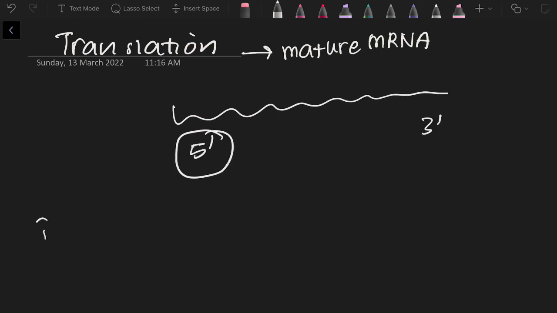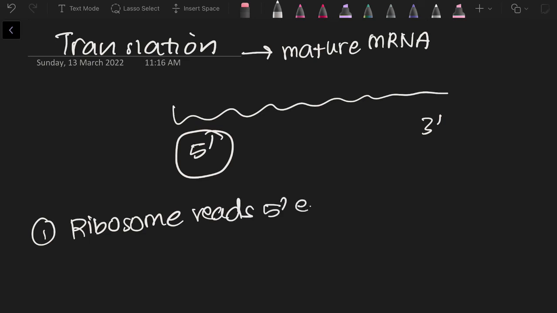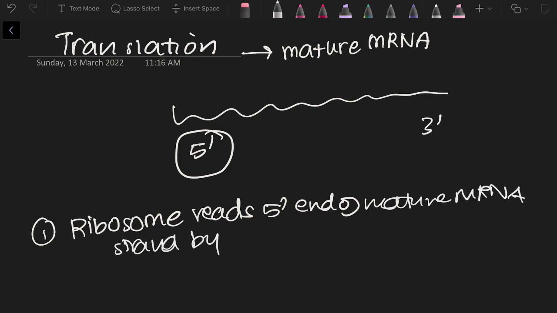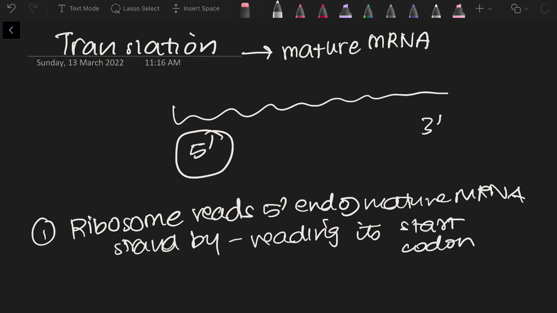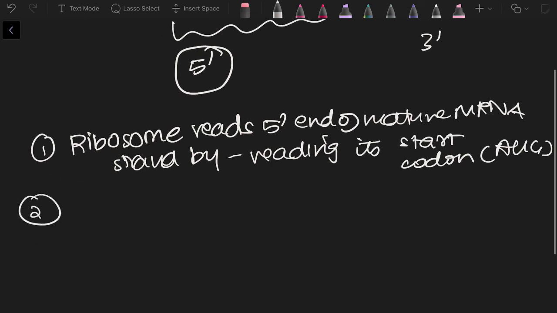Step number 1: the ribosome will reach the 5' end of the mature mRNA strand, reading the start codon, which is basically AUG. Once the ribosome reaches the start codon, translation is initiated.